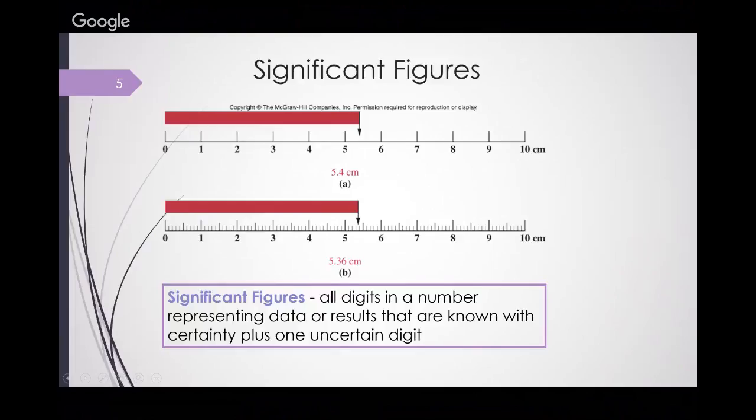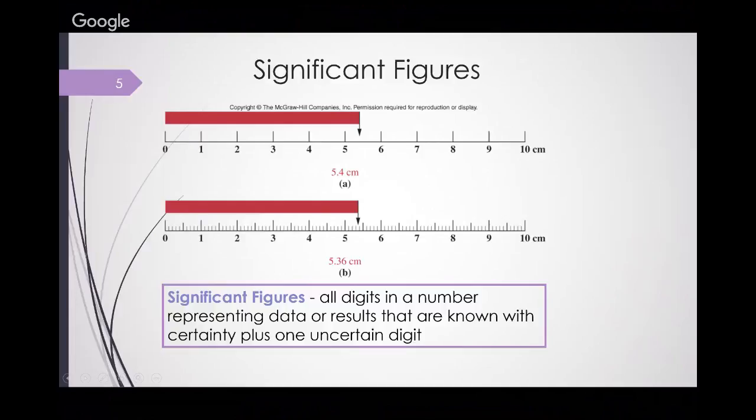So we know for sure that it's between 5.3 and 5.4. Then we approximate between the 0.3 and the 0.4, and we say it's a little bit more than halfway, so we're going to call that 5.36 centimeters. So here we only have 2 significant figures. Here we have 3 significant figures.